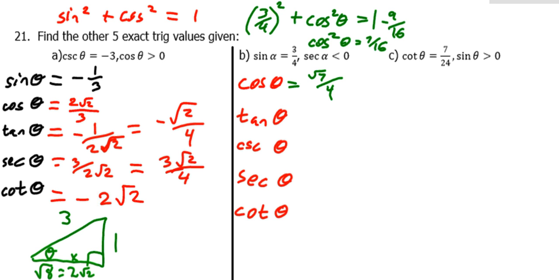Now, we are also told that secant is negative. If secant's negative, that means cosine's negative, because secant and cosine are the same thing. Then for tangent, it's sine over cosine. So that's 3 over negative square root of 7. So negative 3 over the square root of 7. You can rationalize that to be negative 3 square root of 7 over 7.